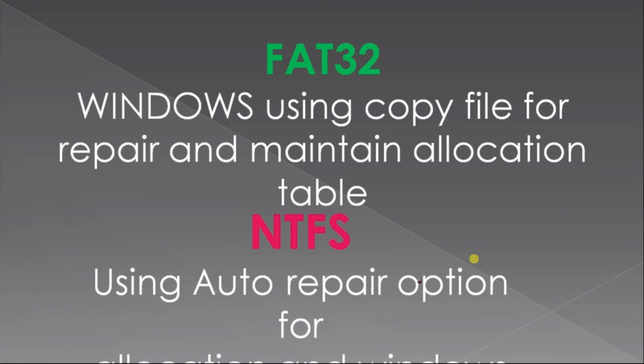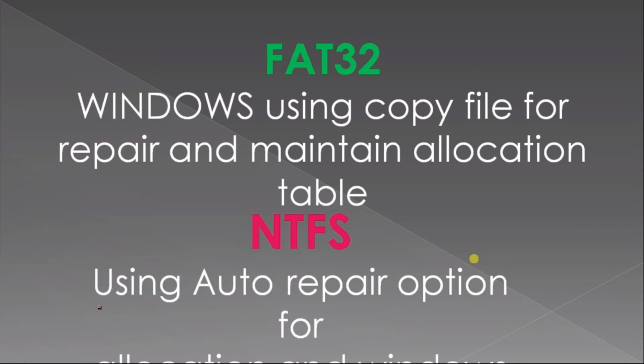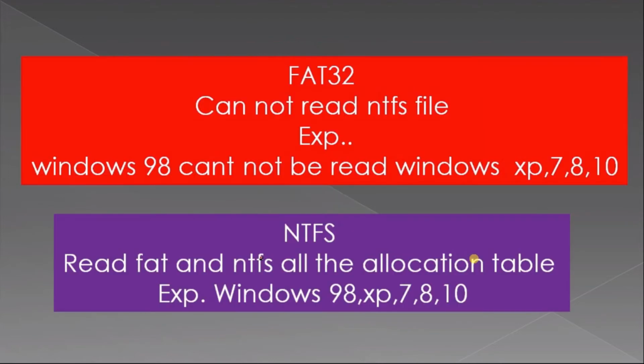If you want to repair Windows 98, we can use a temporary file which is copied to another drive. In comparison, NTFS uses auto recovery and auto repair options. If you use the NTFS file system on Windows 7 or Windows 10, after any kind of power failure, disk management and auto recovery run automatically, and we do not know what kind of activities are happening behind Windows.